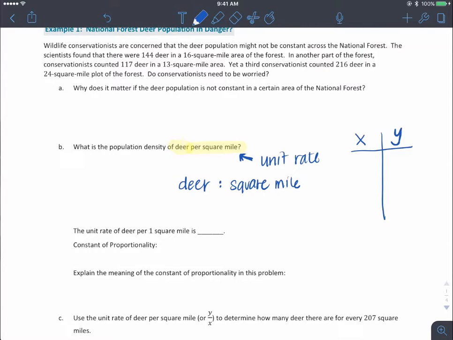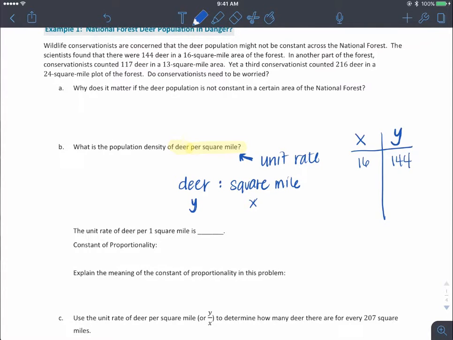In our situations before, we've always had our x on this side and y on this side. That's the arrangement that we've had. So we should put our square miles on our x side, and the y value should have the number of deer. So the first piece of information is 16 square miles and 144 deer.